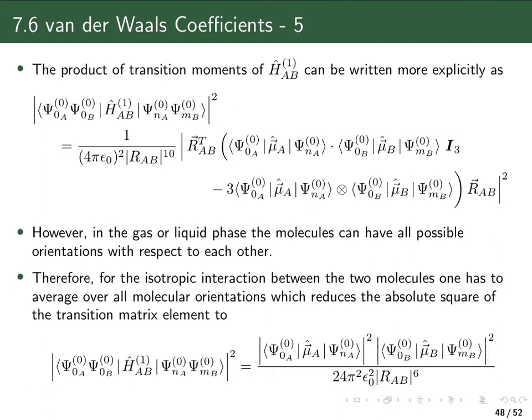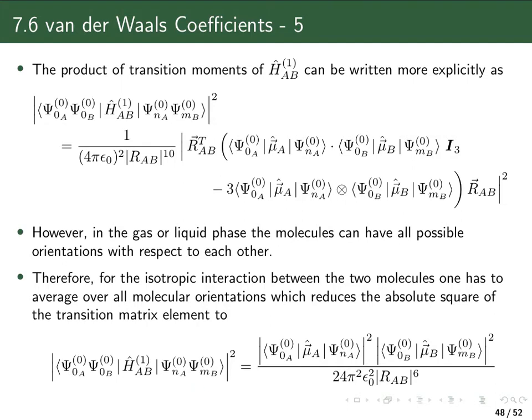Now, this is the correct expression where we take care of all kinds of orientations of the molecules, but in the gas phase or the liquid phase, both molecules, of course, have the possibility to rotate. To describe this situation, we have to take an average of these possible arrangements, which gives us the isotropic interaction.